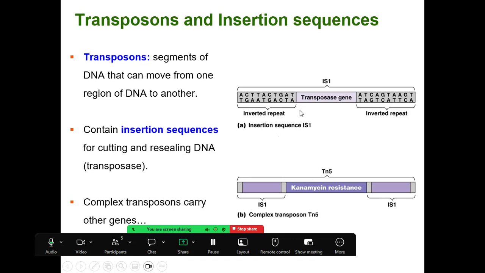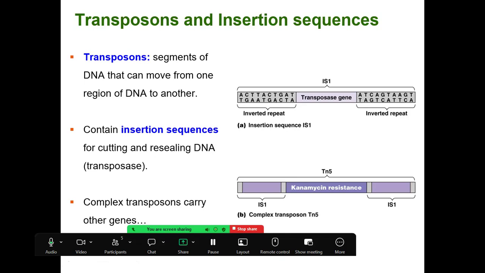The insertion sequences allow the cutting and the resealing of DNA, meaning the transposase genes will cut the DNA right here and right there, and then it will cut the chromosome in another location, and then the transposon will insert itself. It's thought that these inverted repeats help the insertion and exertion.